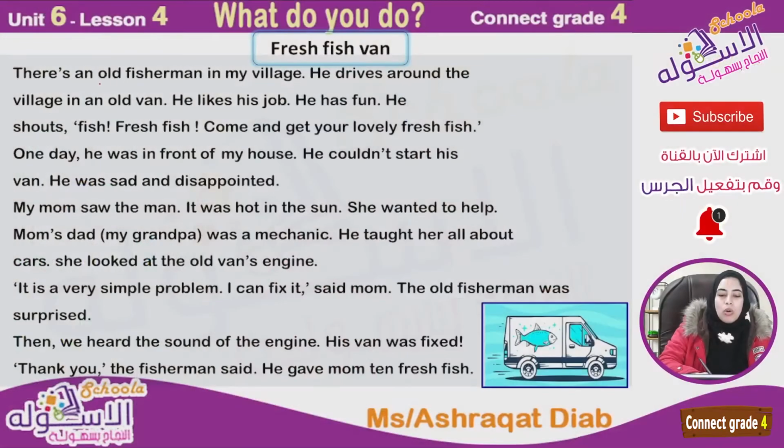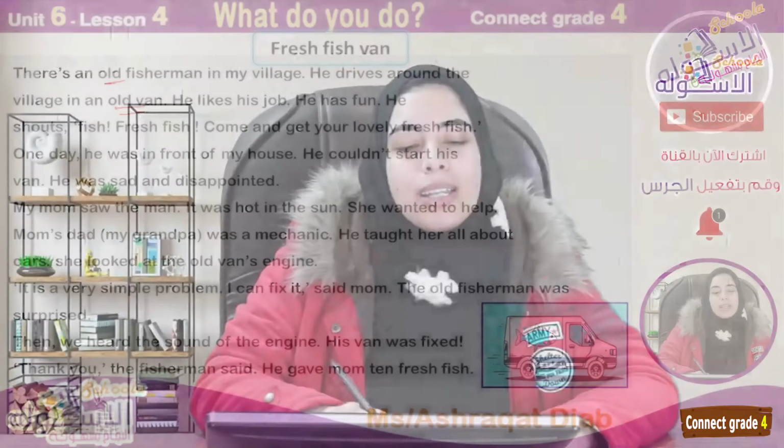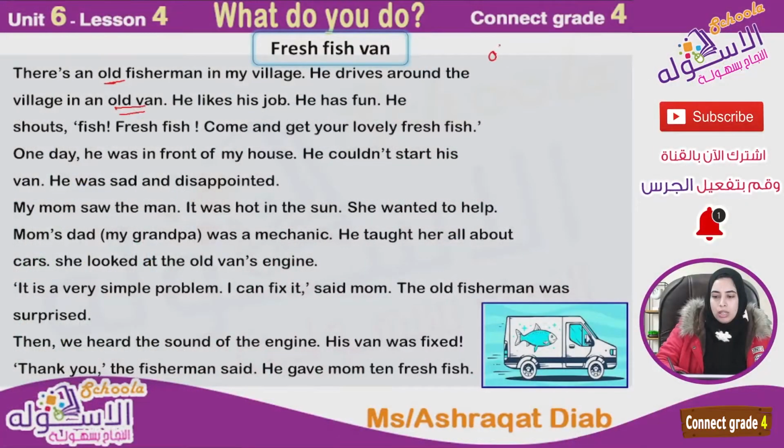Okay, يبقى he's an old fisherman in my village and he drives around the village in an old van. هنا بقى مش معناها ان العربية بتاعته او الفان بتاعته كبيرة في السن، لا معناها ان هي قديمة. اوكي، يبقى كلمة old ممكن تيجي لو انا هوصف بيها شخص يبقى معناها شخص كبير في السن، وبيبقى عكسها young. تمام، يعني صغير في السن. لكن old لو هوصف بيها الاشياء ففي الحالة دي بيكون معناها ان هي حاجة قديمة وبيكون عكسها new.